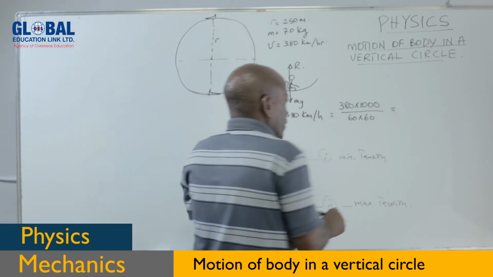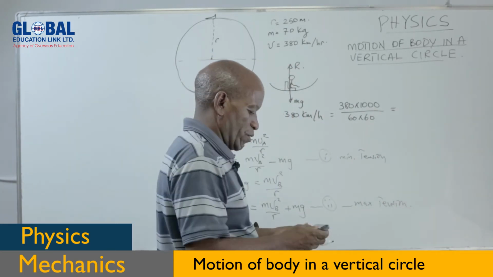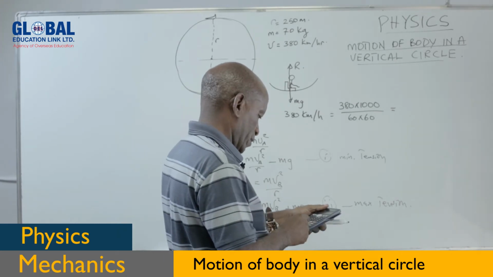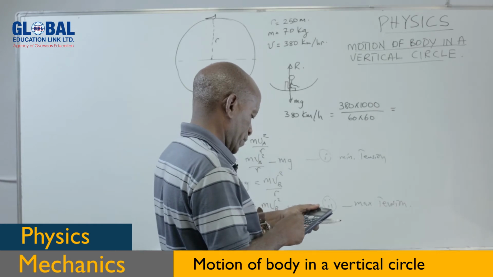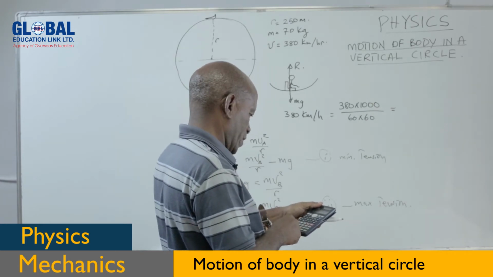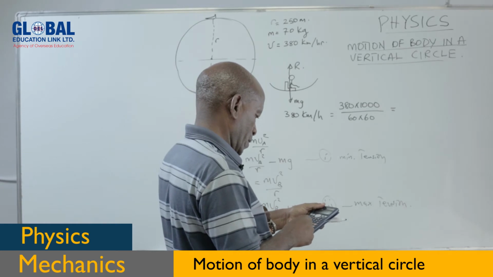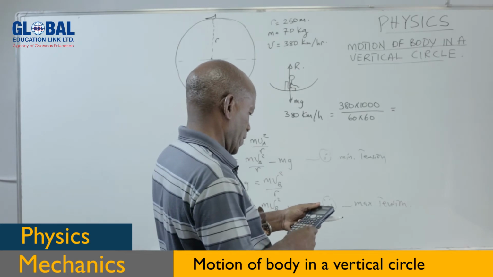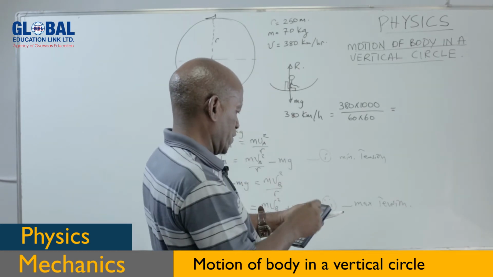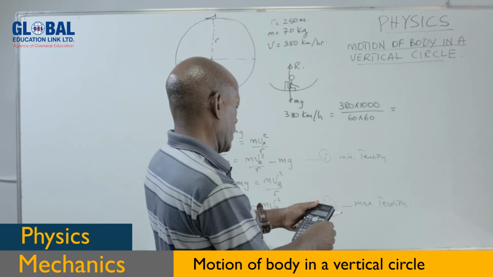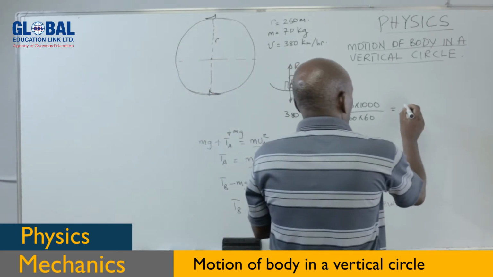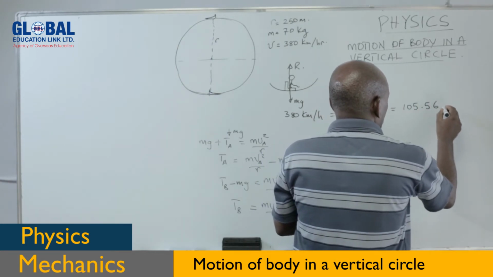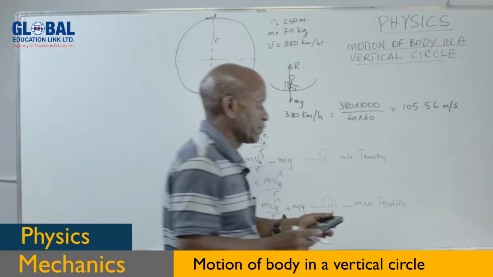If you compute it using your calculator, that is 380 times 1,000, then we divide by 3,600. This is 105.56 meters per second.